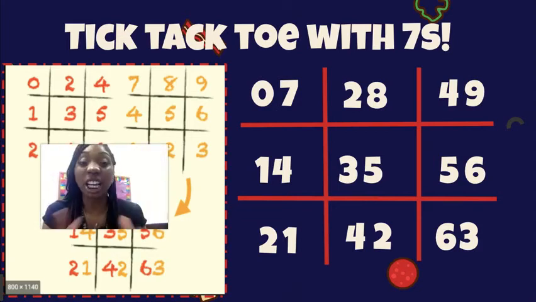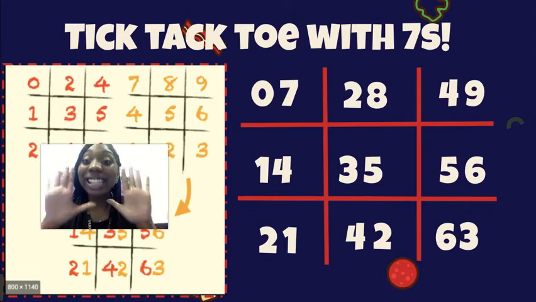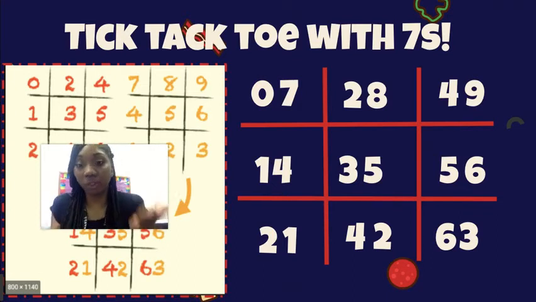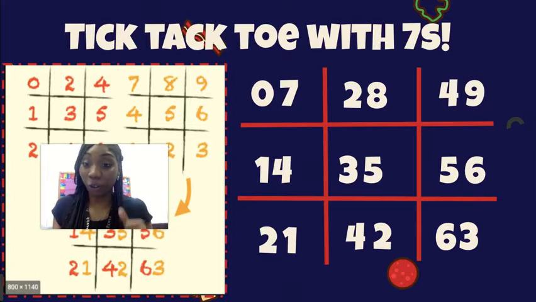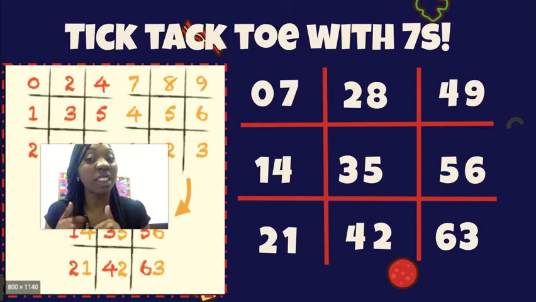But this time, because you should have this in front of you, we are now going to have 10 seconds to solve the next few problems. Are you ready? Oh, you can do better than that. Are you ready? Great. I'm so excited. So get ready because now you have 10 seconds to solve the next few problems that are going to deal with our 7 times tables. Are you ready?